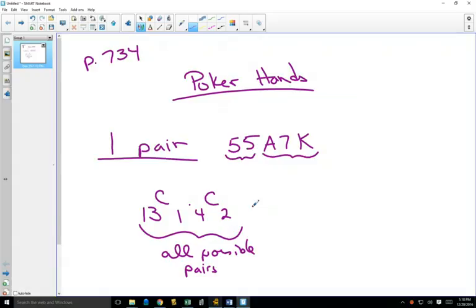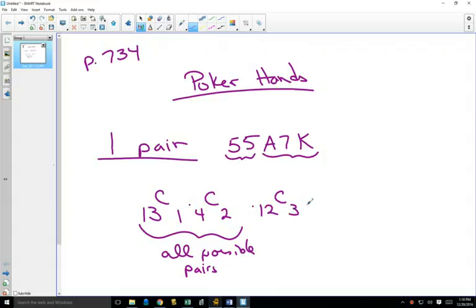So we choose all 3 numbers at the same time. By choosing the 3 numbers with 12 choose 3, we have said the order doesn't matter. If I choose aces, 7s, kings, or kings, aces, 7s, or 7s, kings, aces, that all counts as the same.